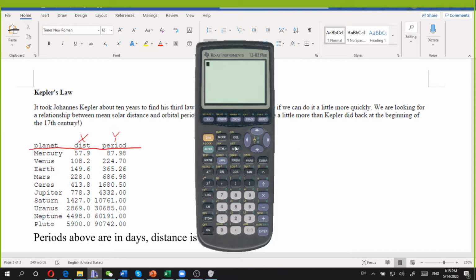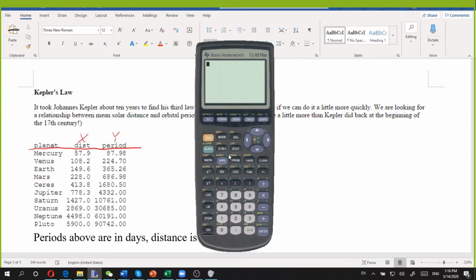Okay, none of that's necessary. I'm just saving some stuff for an example coming up. So I'm going to clear out list 3 and list 4 since we don't need them right now. You should have 2 lists, one for your input and one for your output when you do this in your calculator.